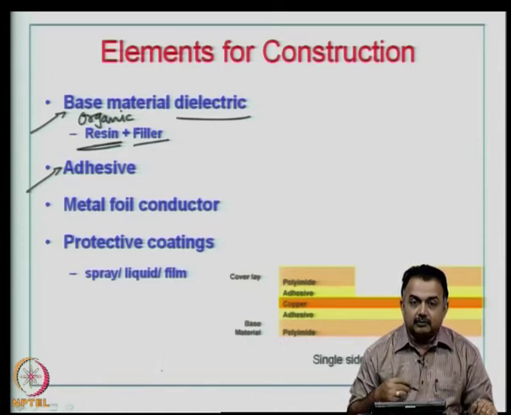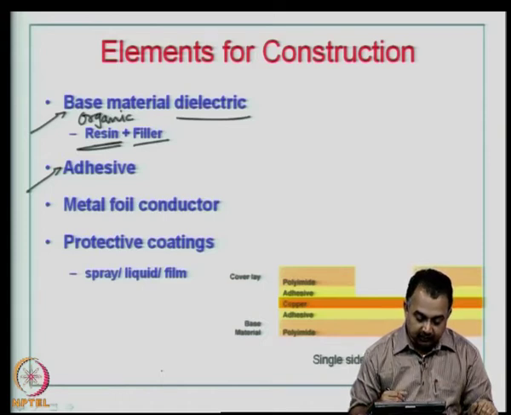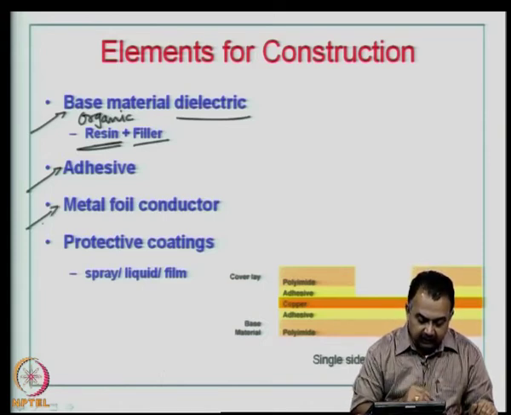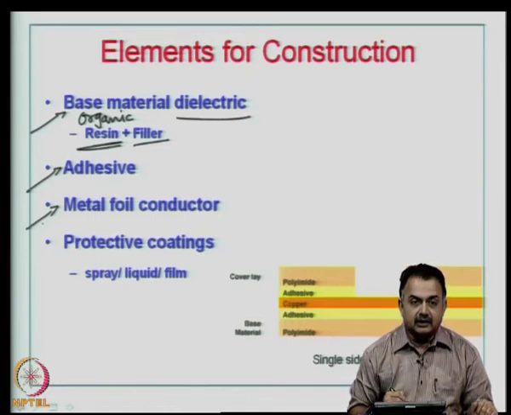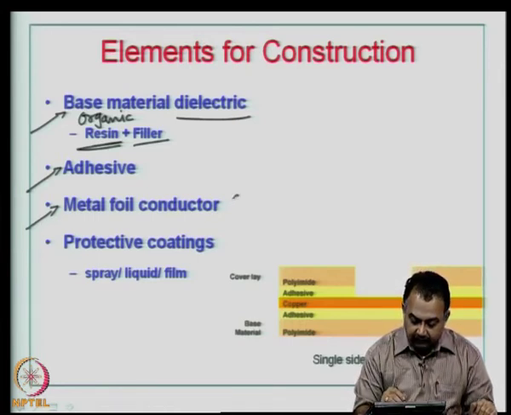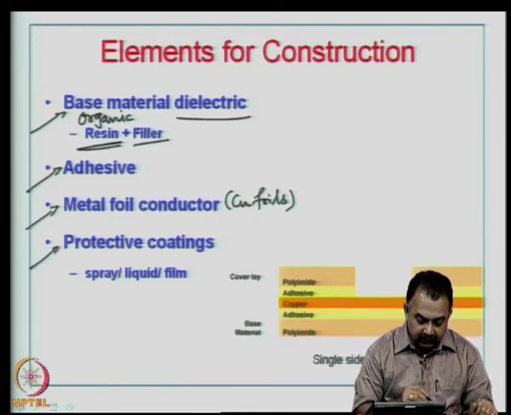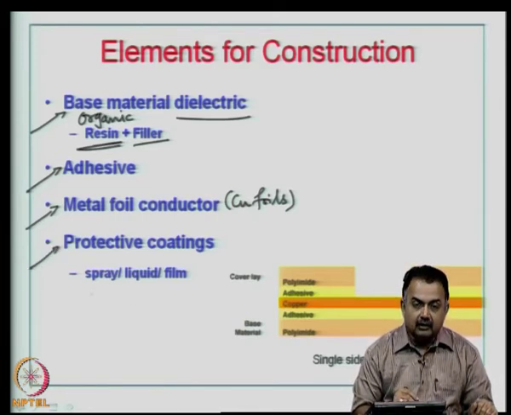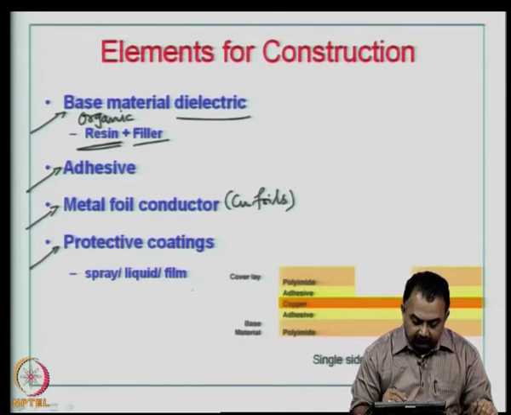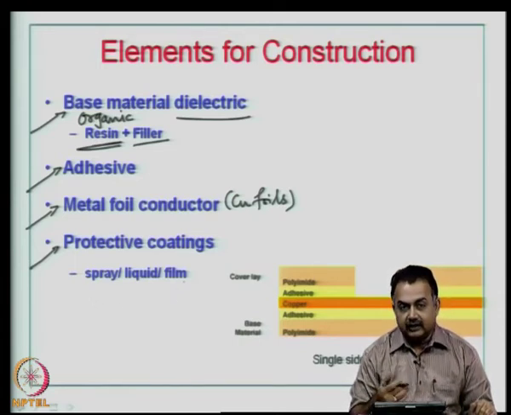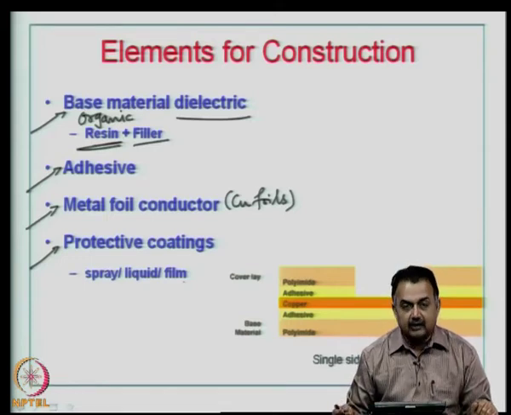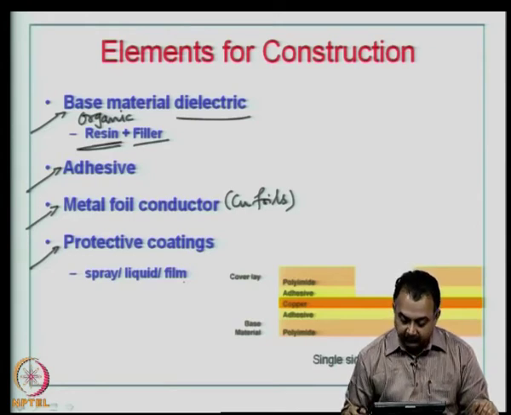Here we are not going to do processes like lamination like we did in a conventional multilayer board. Then the other element in a flex circuit is the metal foil conductor. Typically you can use copper foils. Then we use some protective coatings like a spray, conformal coating, liquid, or a film like a cellophane film, a dielectric film that can protect the structure of the flex circuit.